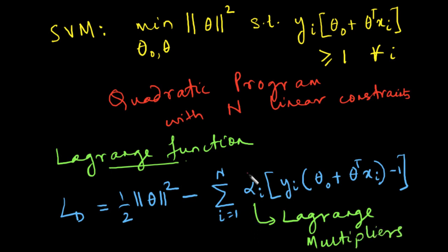Now our objective is to find theta and theta naught so that this LD is minimized, and then we will find alpha i so that our LD is maximized. And why do we do that? Because now assume that all the points that we have satisfy this constraint.